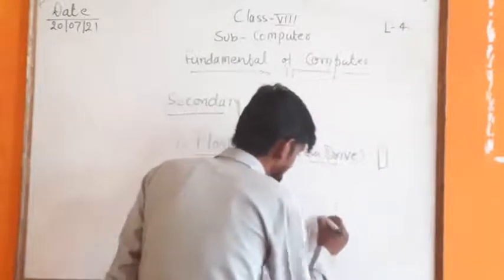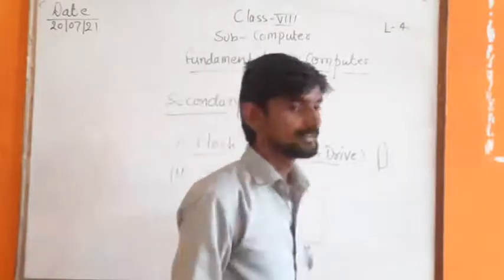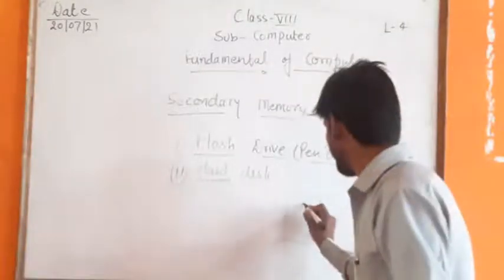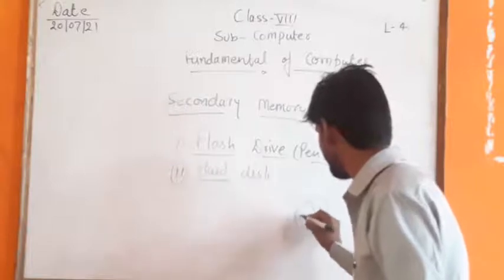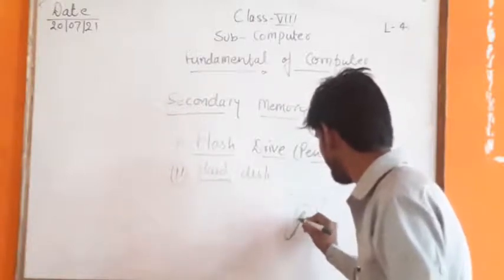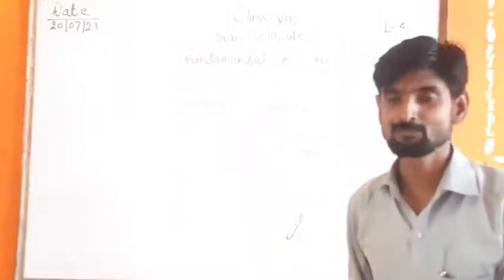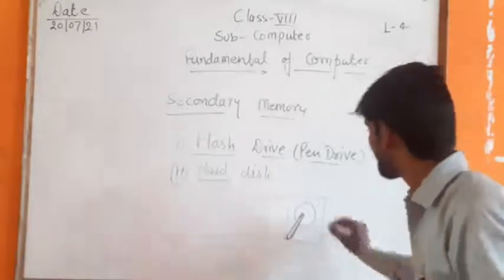The size is something like this, and there is a movable track and a shape like this, and we keep our data in this.